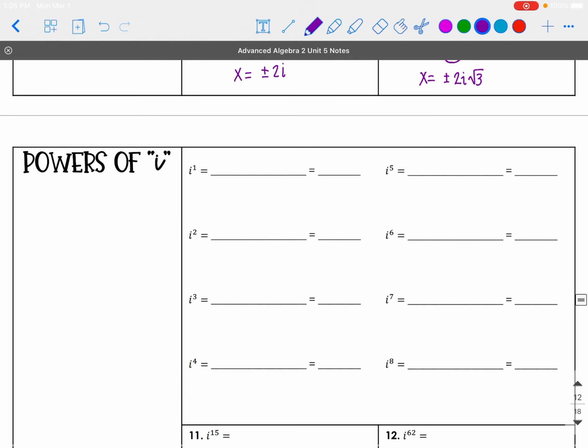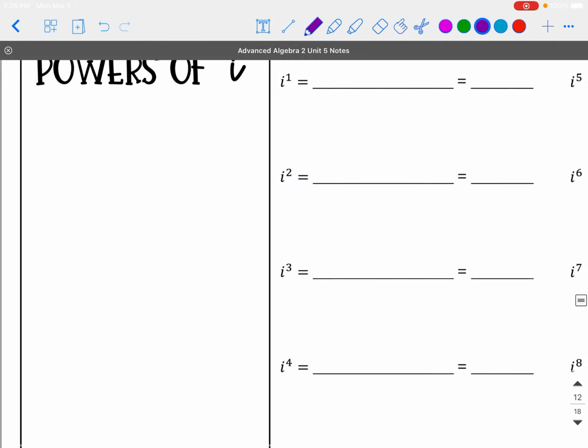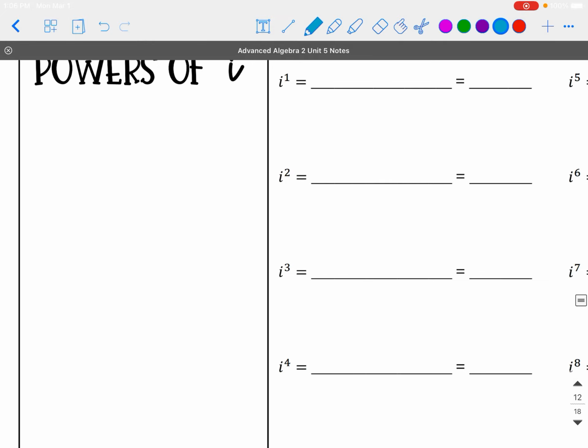Now something else that you will be asked to do is to simplify powers of i. And before we get into that, I want to remind you of some of the exponent rules. So if I have x squared times x to the fifth, when you're just multiplying variables, you add the exponents, 2 plus 5, x to the seventh.